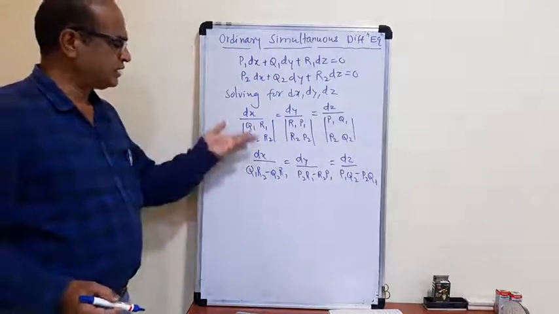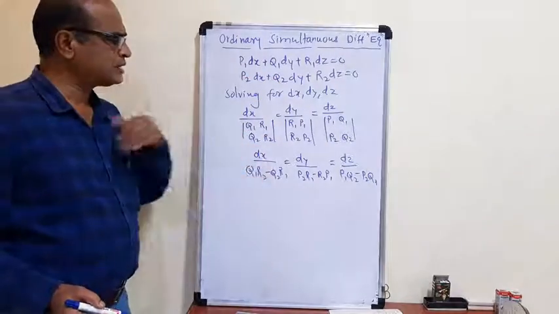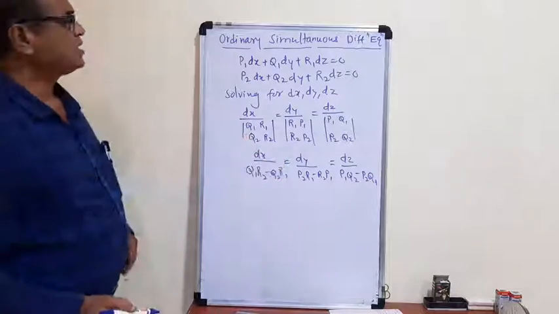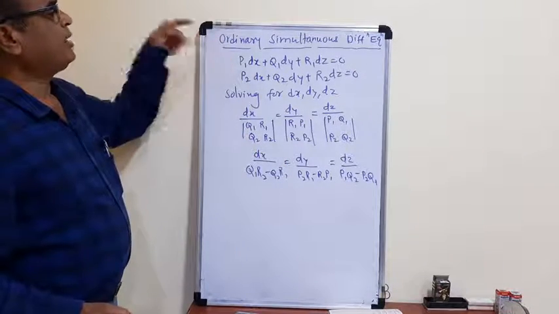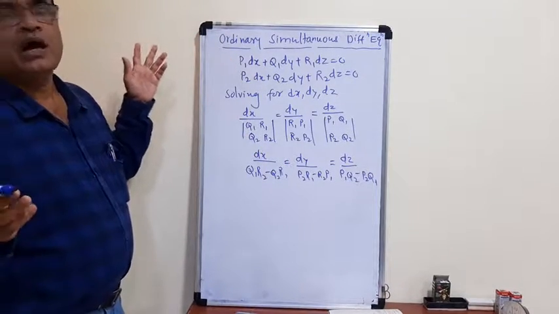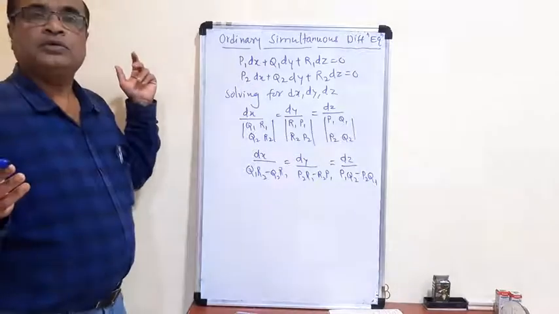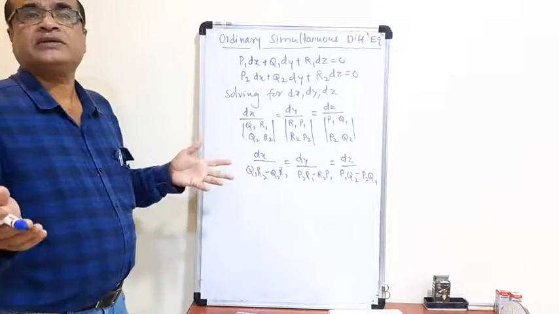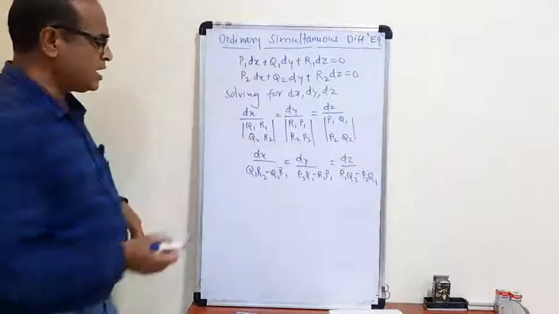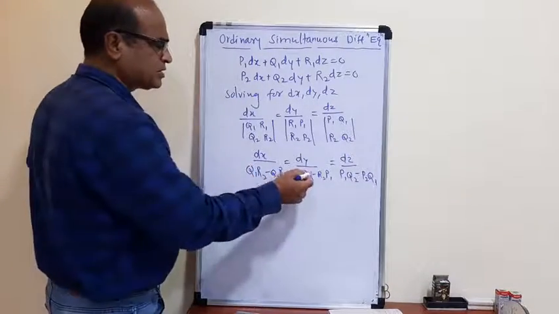So we get dx upon something, dy upon something, dz upon something. Here P1, Q1, R1 and P2, Q2, R2 are functions of x, y, z.